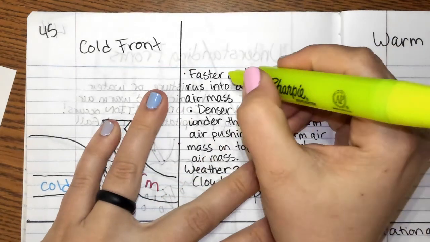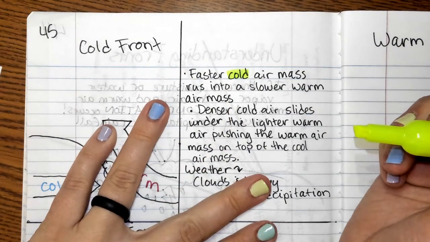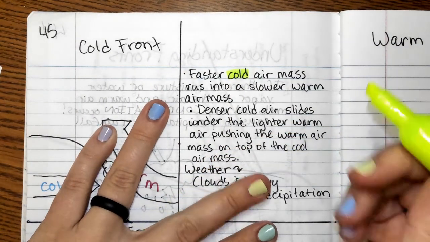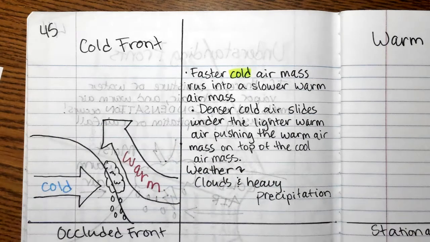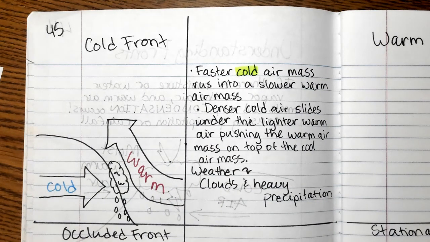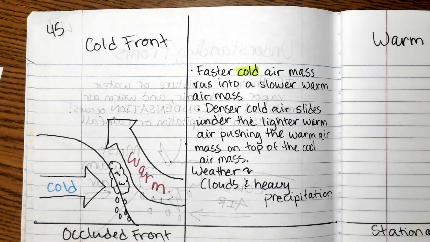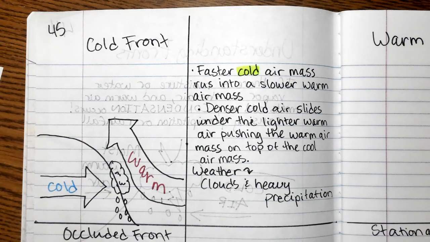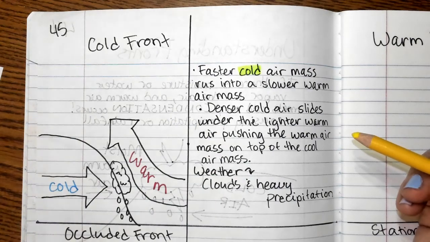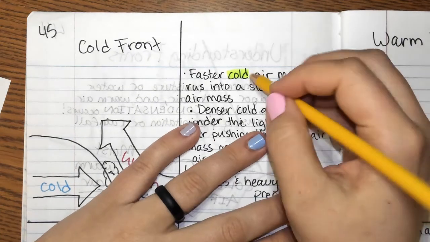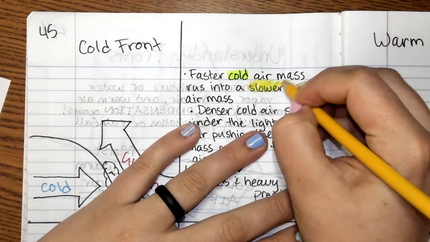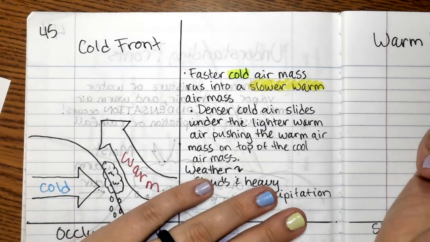Okay. So we have cold. Ooh, I really hope this doesn't smear. Actually, I'm going to wonder if there's a better way to do this. Looks like I need to use my handy yellow colored pencil. Right? Need to know about the slower warm air.